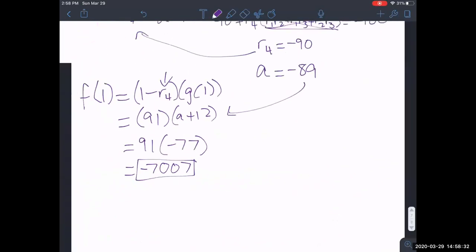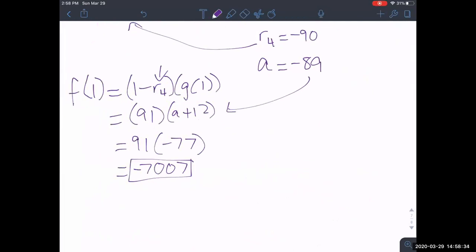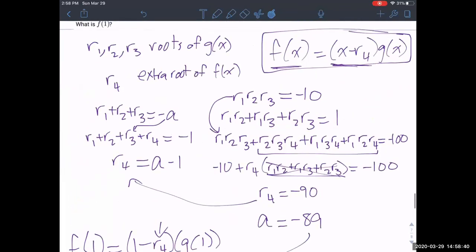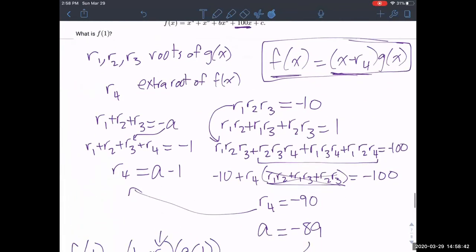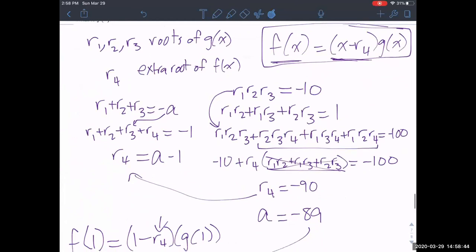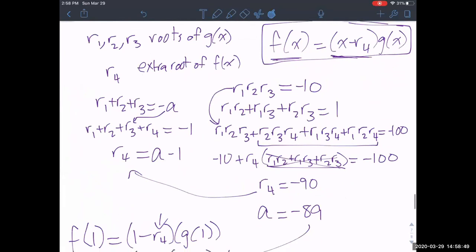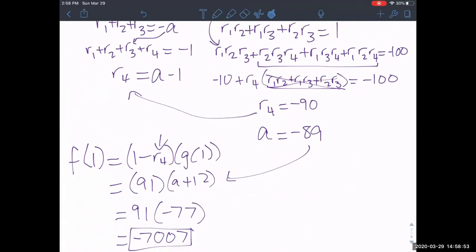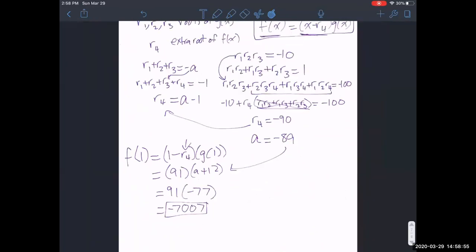Very, very negative number. That was a pretty complicated question that was made pretty approachable with Vieta's, actually. Any questions about that can be put into Q&A. I'll leave it on the screen so you can read what I did, or I could zoom out.